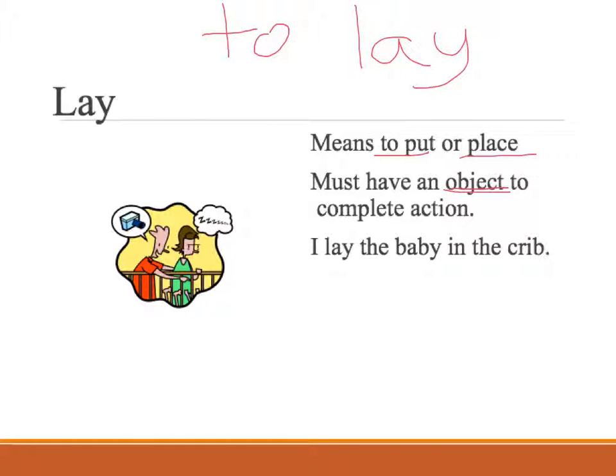So I lay the baby in the crib. Lay is your verb. I is your subject. What word receives the action of that verb? Who am I laying in the bed? The baby. So if you have an action, this verb needs something to complete the action, you're going to use lay. That's called an object.